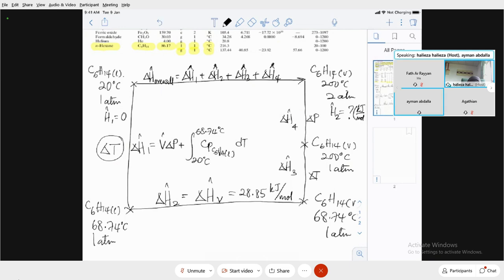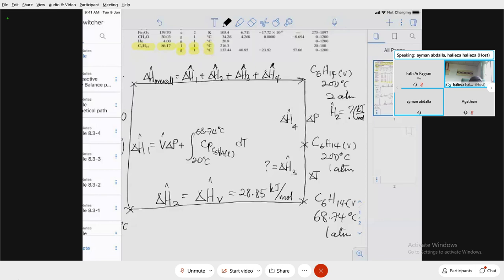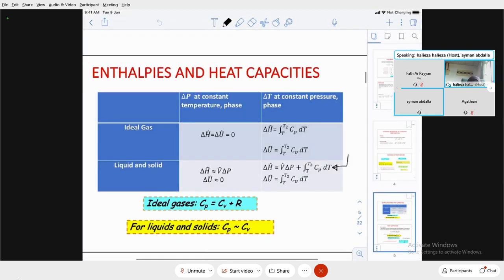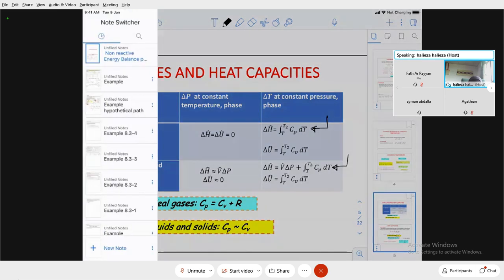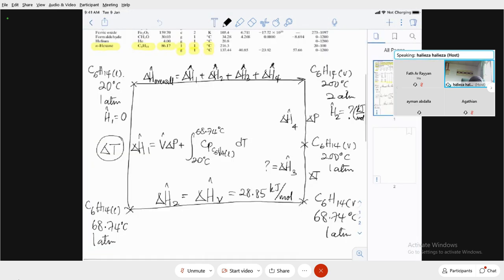For the second step, we know it is a change of phase. We already have the value for your delta enthalpy change. How about the third one? Same, but without V delta P. Okay, let's go check on that. We are looking at vapor. We're going to assume ideal gas and use the equation.